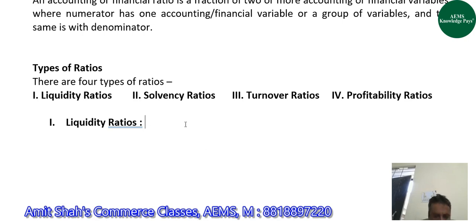So guys, starting with liquidity ratios, these ratios are used to determine the short-term solvency position of a business. That is to know whether a business can repay its short-term liabilities, that is current liabilities, on time or not.